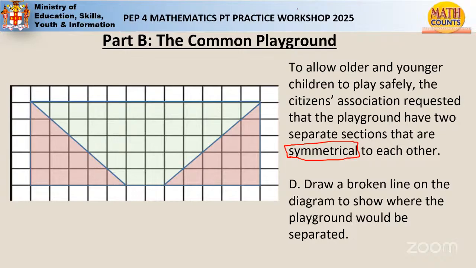So they must fit on top of each other and none must be fatter than the other. Like when your mommy peels an orange and she cuts it up, would that be symmetrical? No, miss. Why? Because both sides are not the same. One side is larger and one side is smaller.